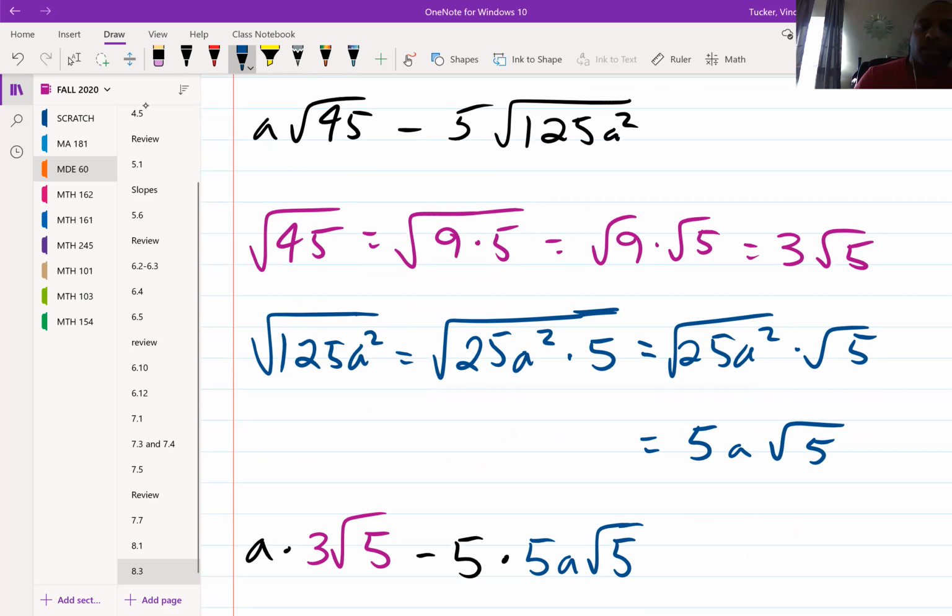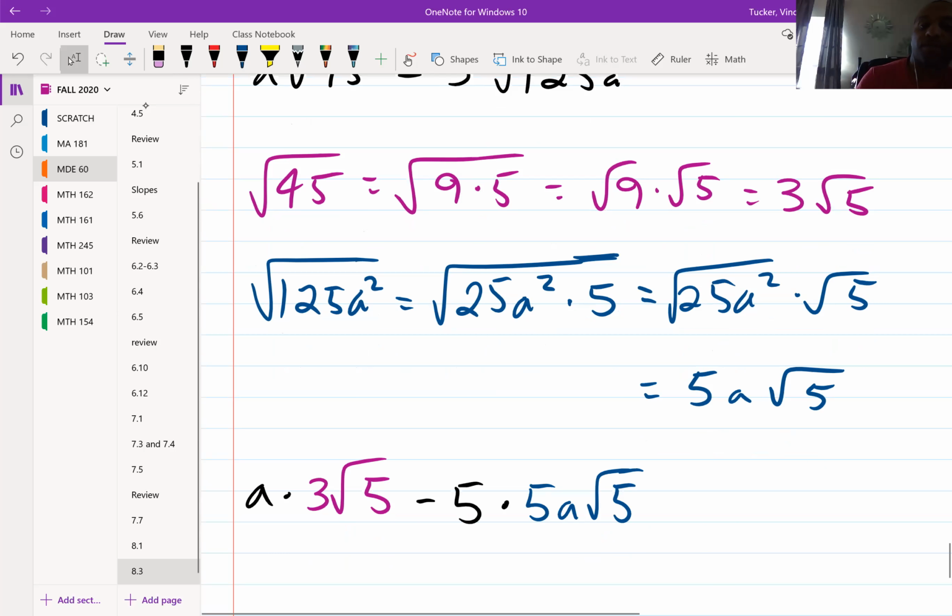So we got a times 3 square root of 5, minus 5 times 5a square root of 5.